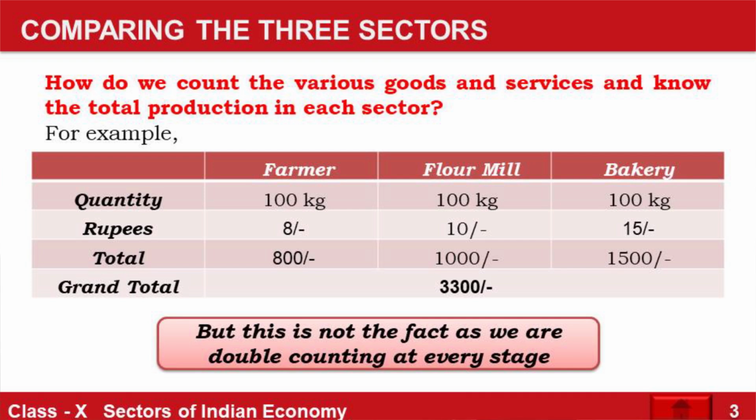Next, that mill person who is grinding the wheat is selling that wheat powder or flour to the bakery person. The bakery person will take that wheat, will add some sugar, some ingredients into it to make biscuits, and that bakery person will sell that biscuit to the consumer like you and me.